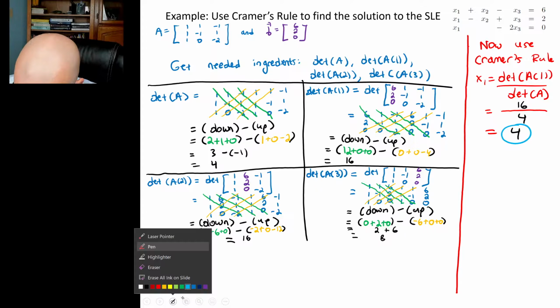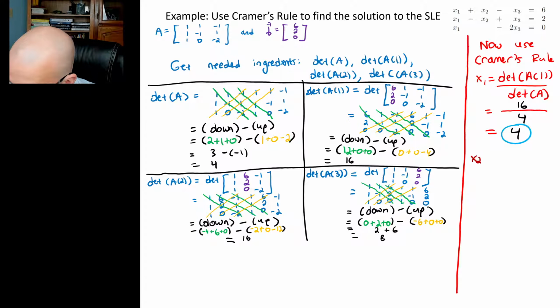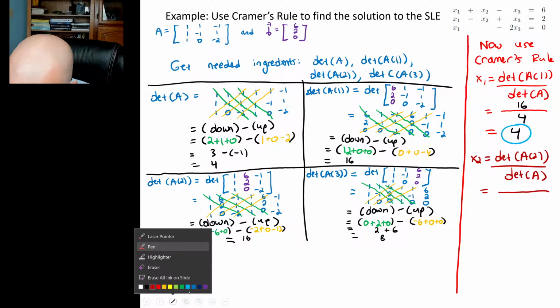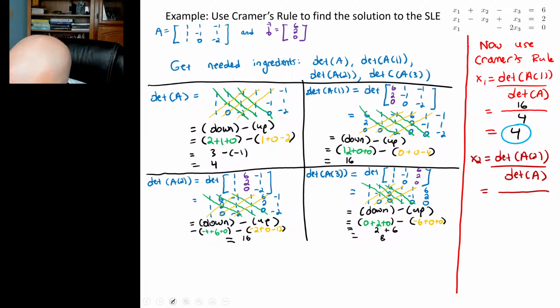Now we're going to get x2. x2 is the determinant of A2 divided by the determinant of A. So that's going to be the determinant of A2. We got 16 as well. So 16 over 4. We also get 4.